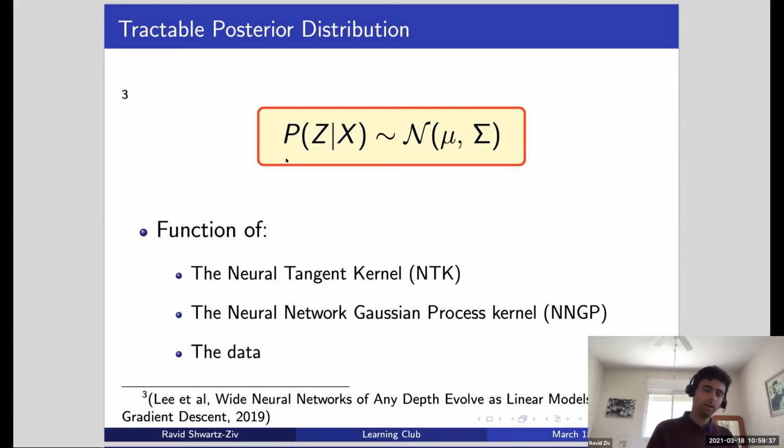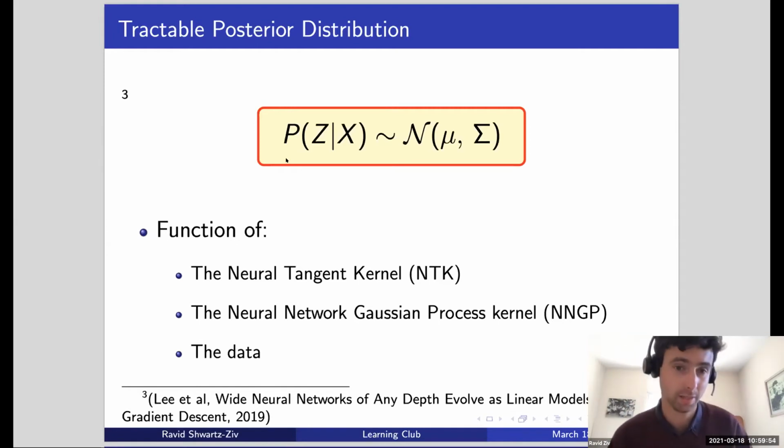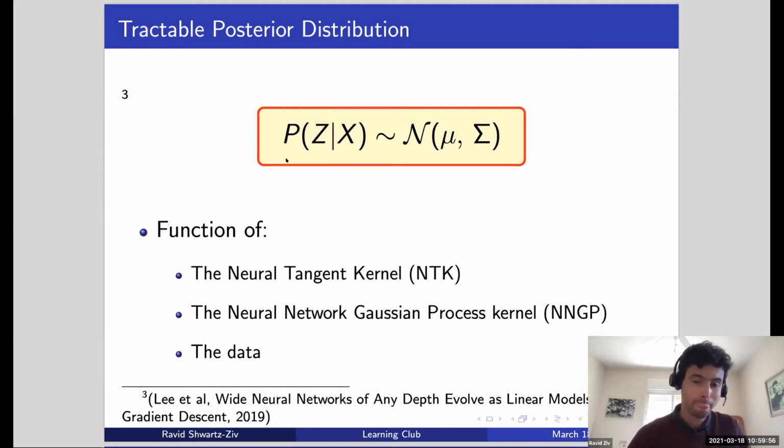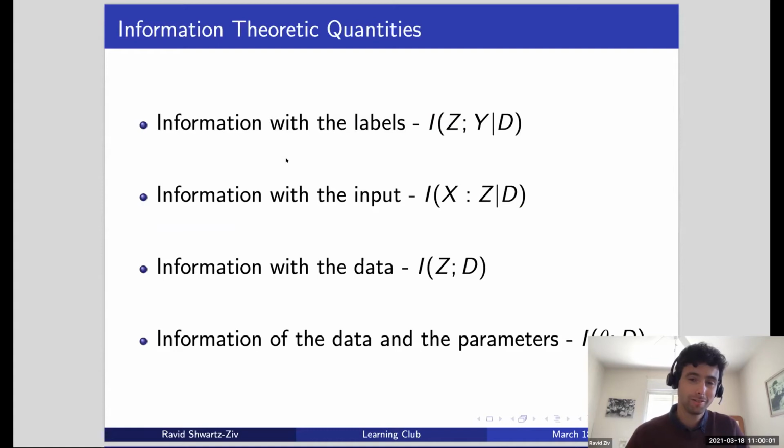Give me the data and the network, I will calculate these two kernels, and now I can just put it in the equation, and I have a Gaussian. I know what is the distribution of Z given X. Okay? Good. Question?